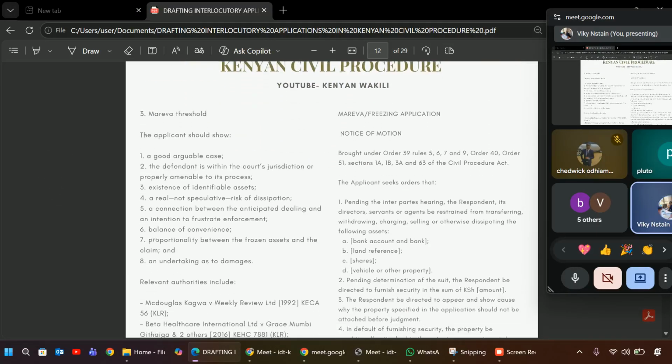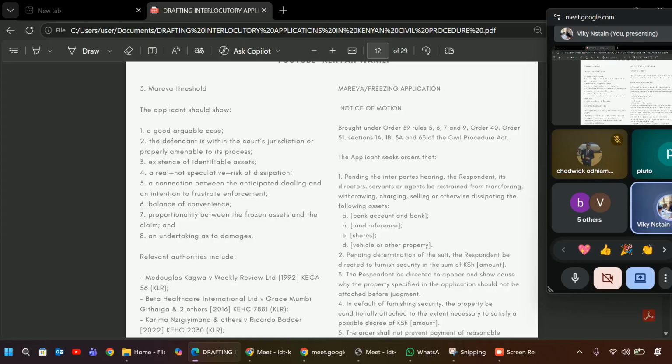Now, the Mareva threshold. Whenever you're doing any application on Mareva, these are the marking points. You should show a good arguable case, and you should indicate to court that the defendant is within the court's jurisdiction or properly amenable to its process.